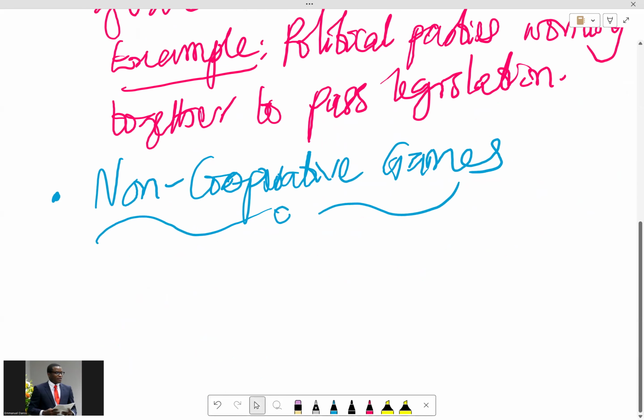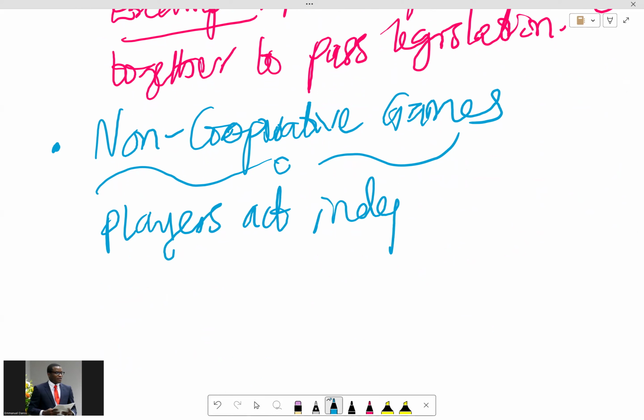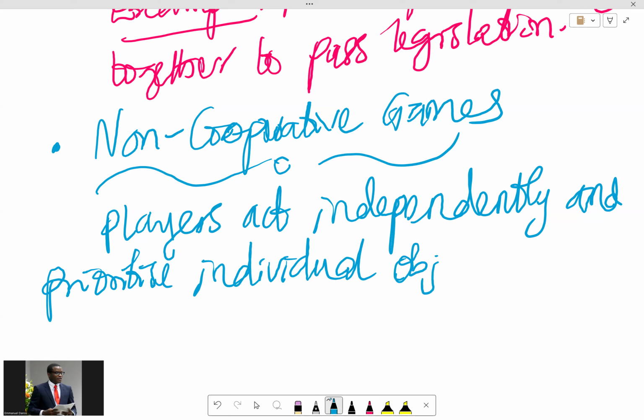Here, players act independently and prioritize individual objectives. They may be competing, they may not be competing, but they do not come together. Everybody is just doing their thing.